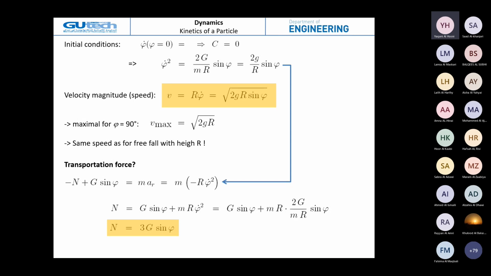This is what we get from this simple example. The maximal force is for phi equal to 90 degrees.